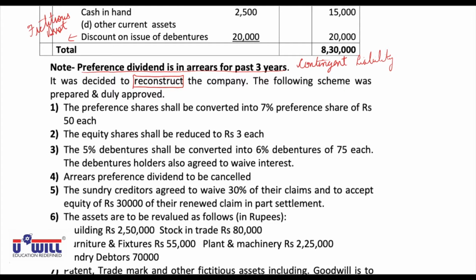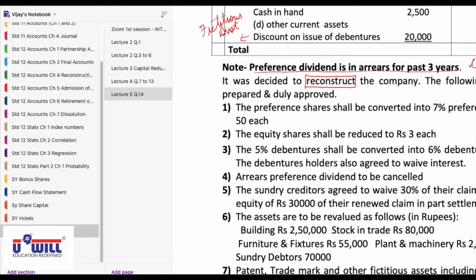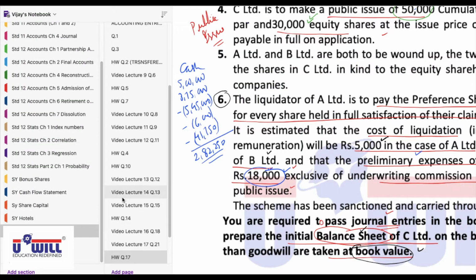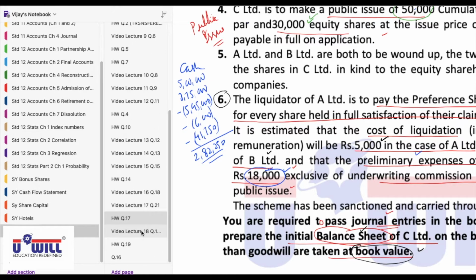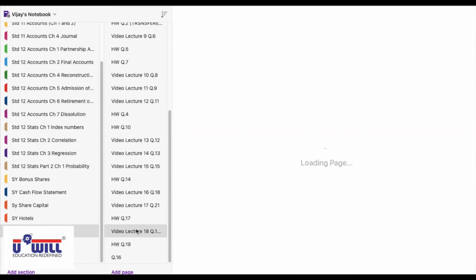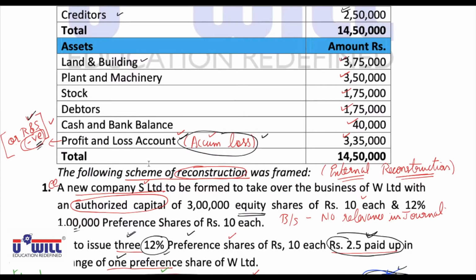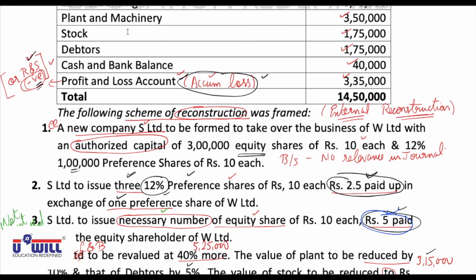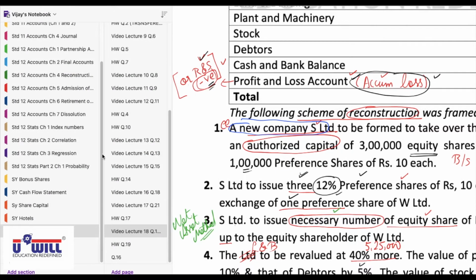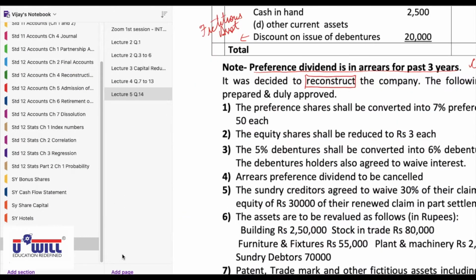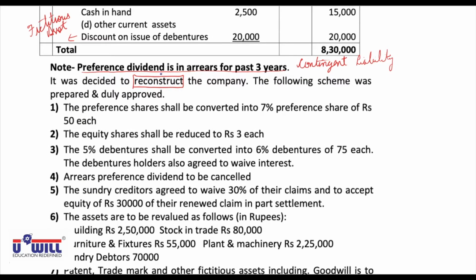In external reconstruction, the new company's name will always be given to you. Like this was the question of external reconstruction, and here a new company S Limited was to be formed. In both types of questions the word reconstruction will be given in the question.